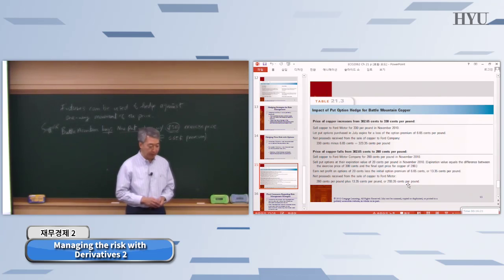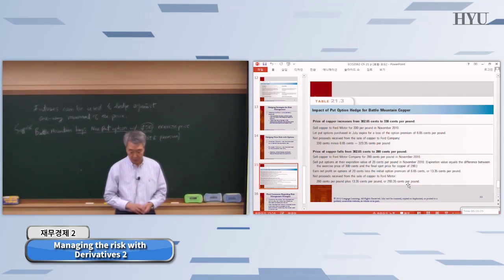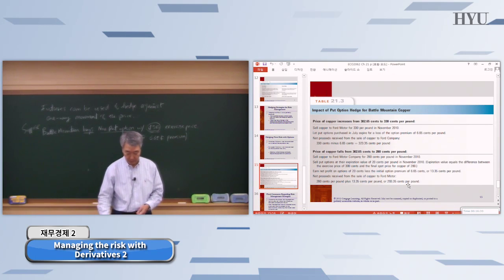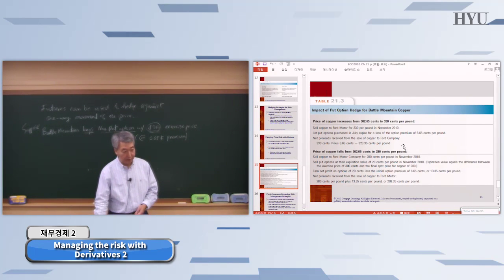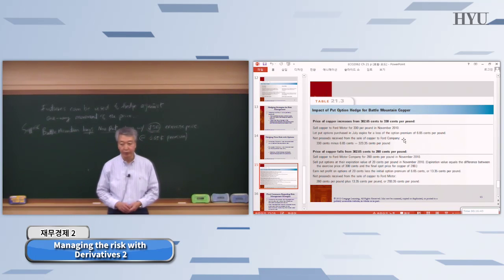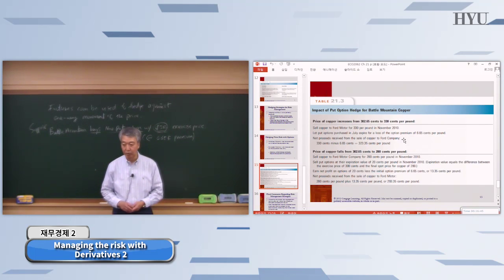But when you hedge yourself with an option like this, you are protected both ways. If the price goes up, you can just let it expire. You don't have to exercise. There is no obligation. In forwards and futures, you are obligated.